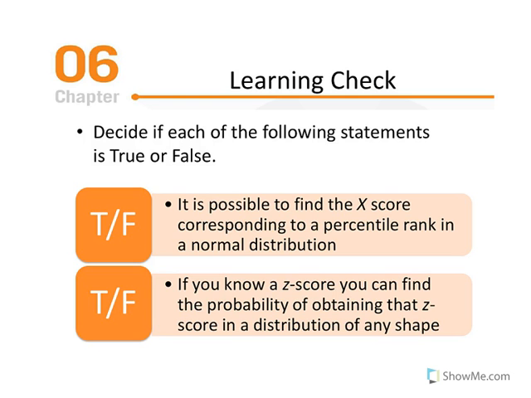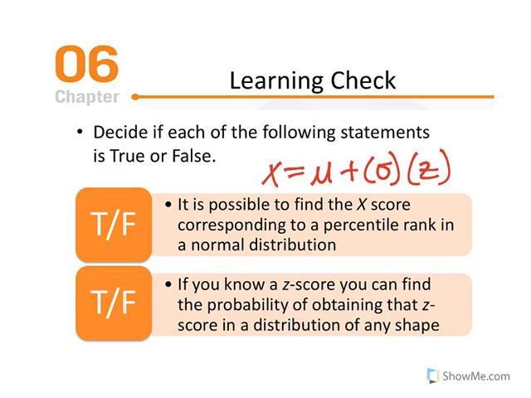Okay, so true or false? It is possible to find the X score corresponding to a percentile rank in the normal distribution. So yes, we talked about that. You know, the 90th percentile score can be found, and again, we're solving for X, so mu plus our standard deviation multiplied by our z-score.